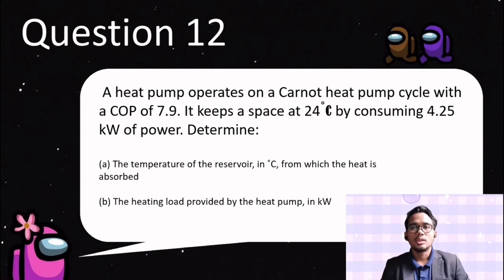Determine, which has two questions. Question A, the temperature of the reservoir in Celsius from which the heat is absorbed. For question B, the heating load provided by the heat pump in kilowatt.